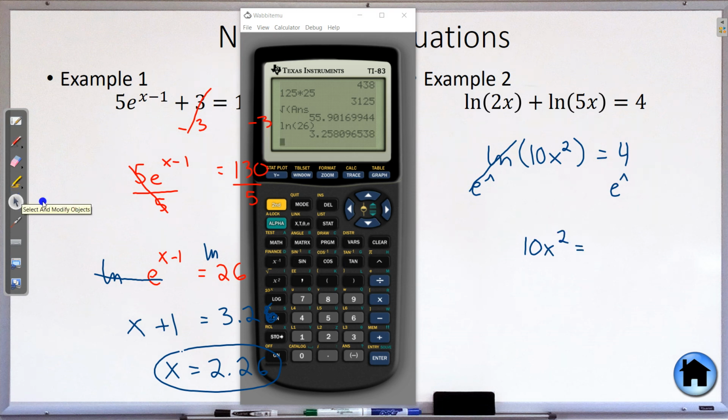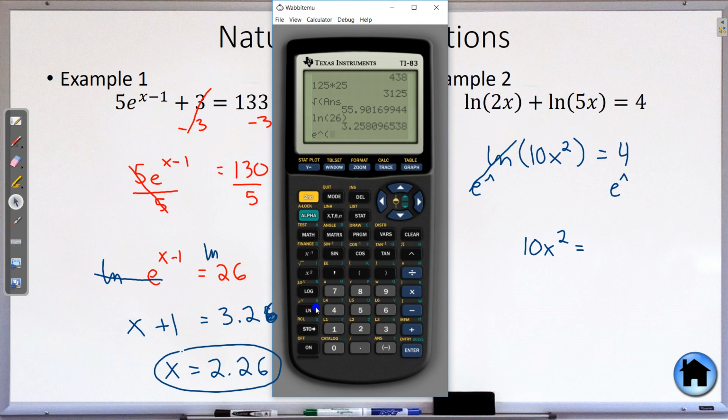That is also on the calculator. You do second ln right there. Sorry, you couldn't really see that. Right above the ln is e to the x, and so we can do e to the power of, and we want the 4th power. And we get 54.598.